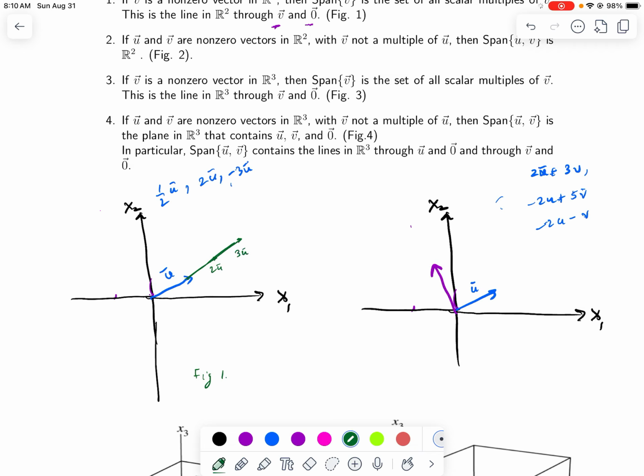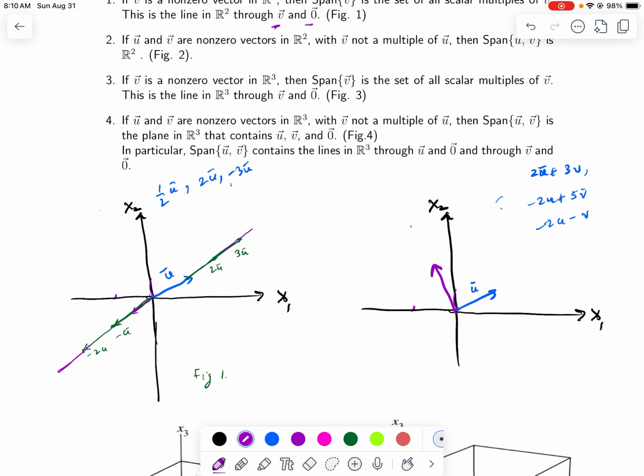You can keep extending. Negative u will be a vector going in the opposite direction, but of the same length. This will be negative u, and now you can have negative 2u and so on. Negative half u will be this much. So you can see there are all the possible multiples of u.